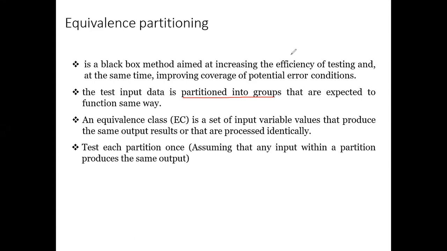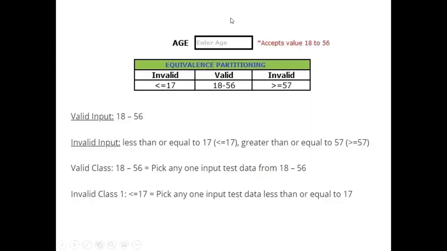Now assume, look at this example. Assume we have an input field to enter the age of a person, right? Let's say this is a registration form and there's a field to enter the age of maybe a student or a customer or any person or an employee, right?